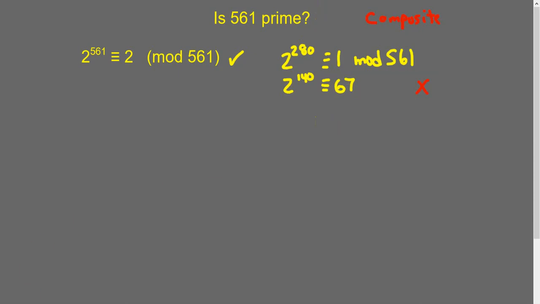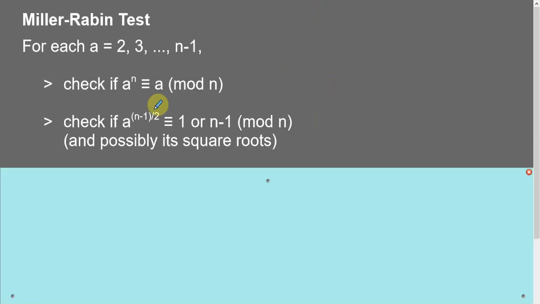So here's our test as it stands now. And we call this the Miller-Rabin test, named after two computer scientists and mathematicians who worked this out and included this second part. I know Miller is named Gary Miller, and I don't know Rabin's first name. And this, by the way, was developed just in the last generation. This is relatively new.